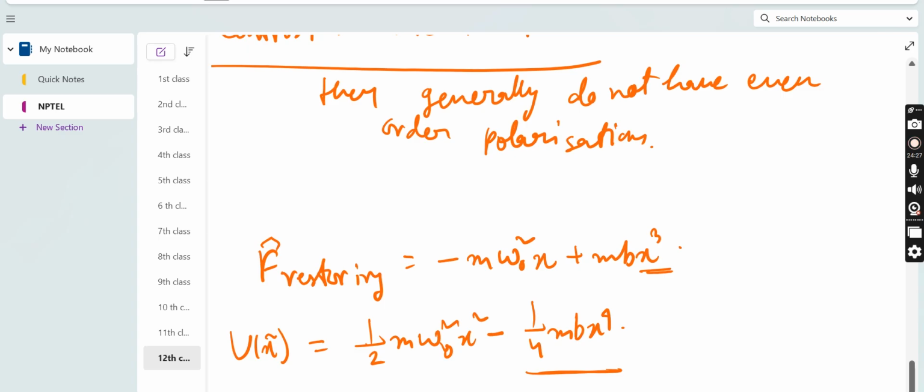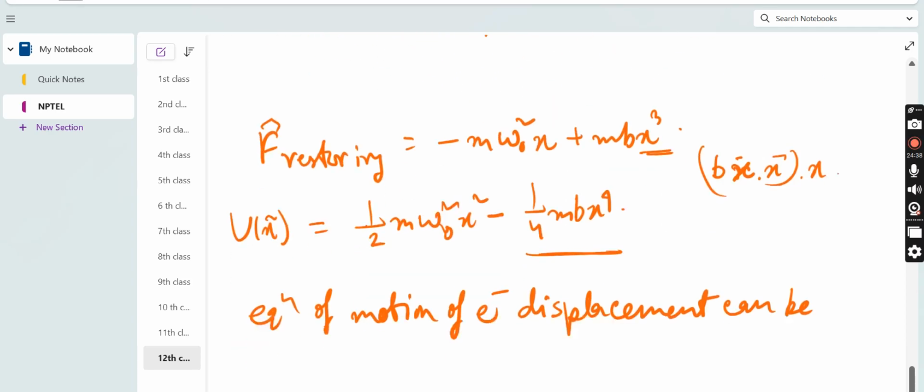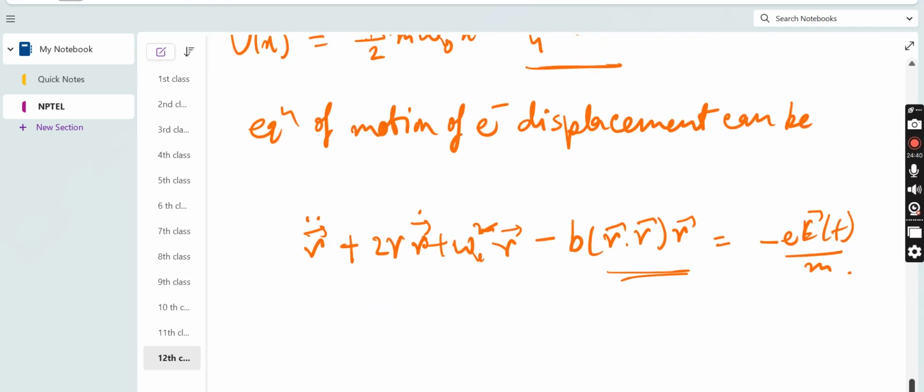This term x cube, where we follow the notation of r cube, we wrote as nb x dot x dot x. So that will be written as r dot r dot r.